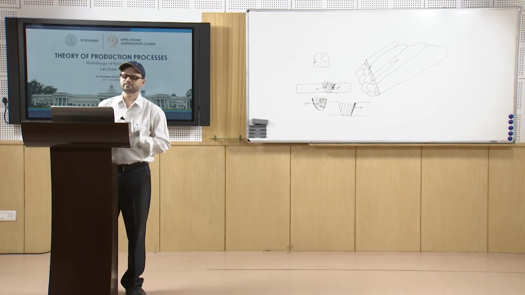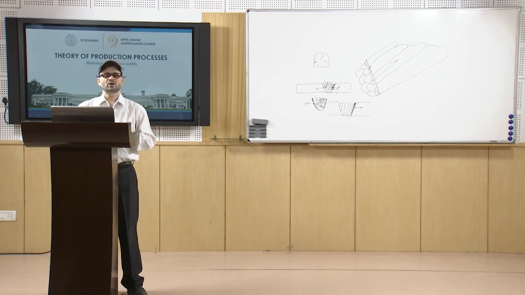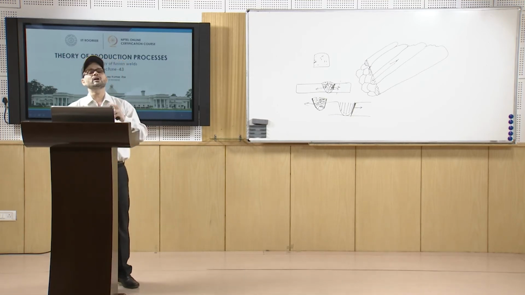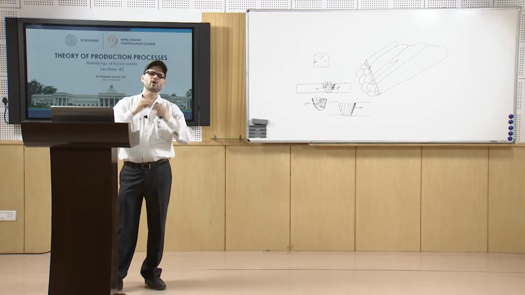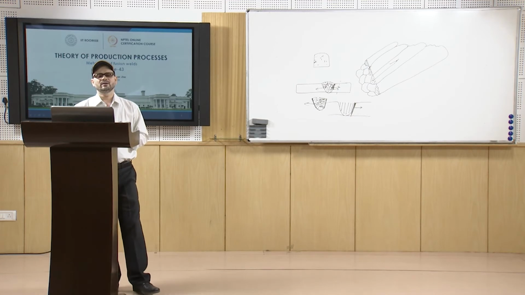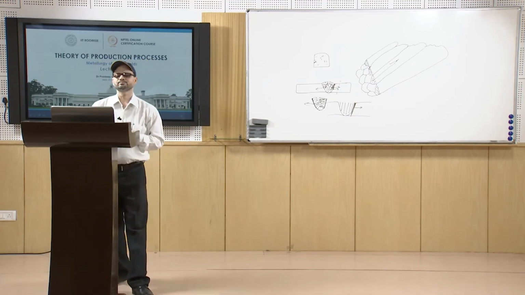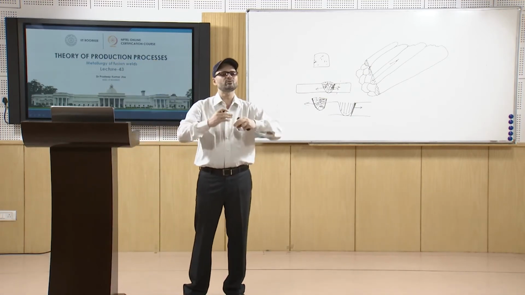In this HAZ where the partial melting takes place, immediately adjacent to the weld deposit, there will be some liquid pockets formed, and that will form a continuous phase with the weld metal.